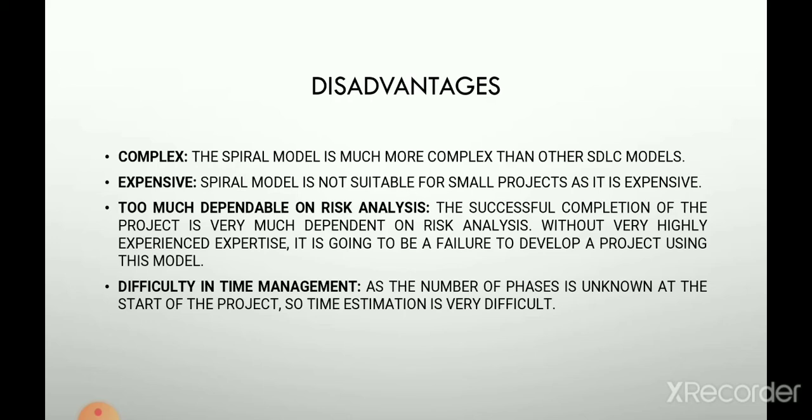Means the spiral loops may increase, so time may increase. So time management is difficult in the spiral model. So this is all about the spiral model. Okay, the spiral model combines all the features of the waterfall, iterative, prototyping and evolutionary models.